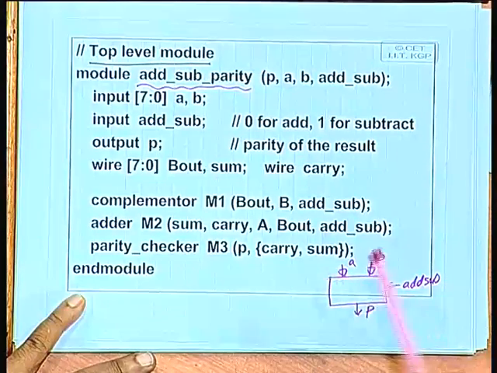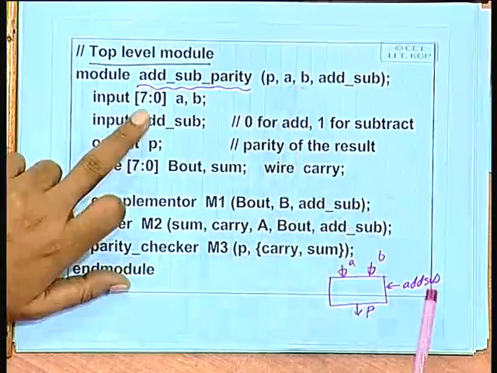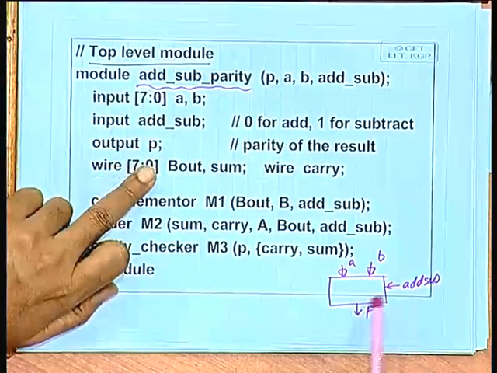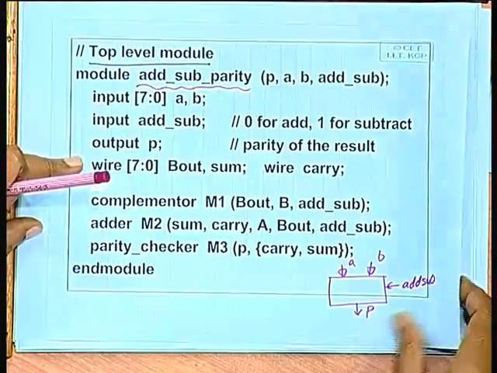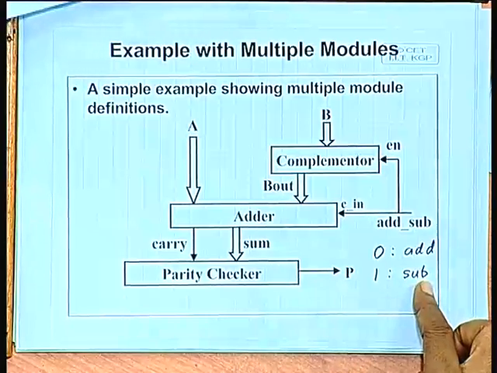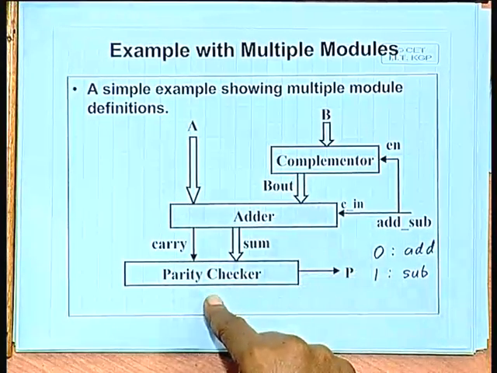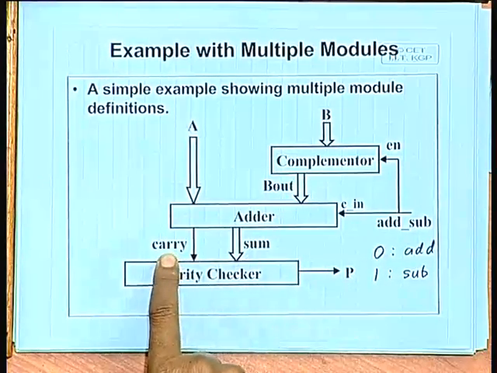Now, if you go into slightly more detail, firstly you will have to specify the sizes of each of these. So, A and B will be 8-bit quantities, add-sub is a single bit, and similarly P is a single bit. Now, internally, since you already have this structural diagram, you know there are some intermediate signals you need: B out, sum, carry.